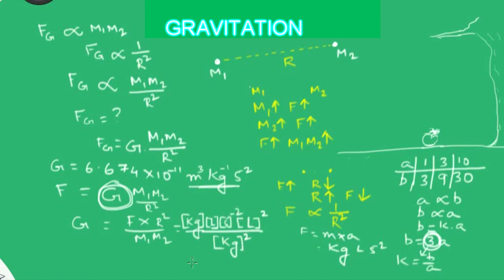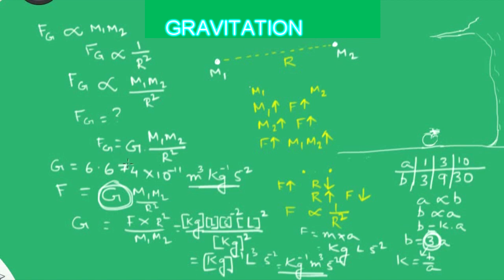Kg is power minus 1, and length and length square gives length cube, and per second square. So it's per kg, length is meter cube per second square. So this is what we get here.